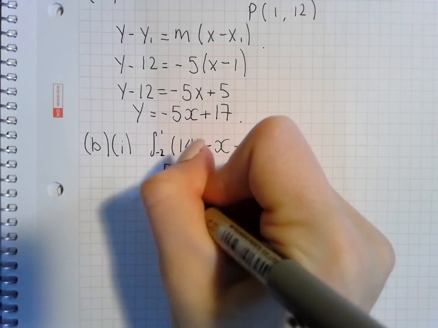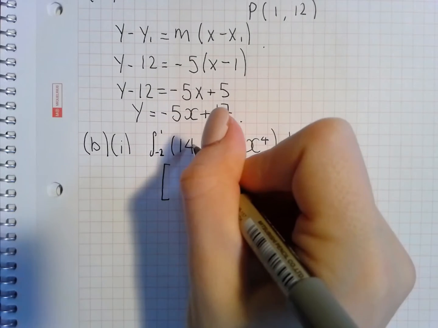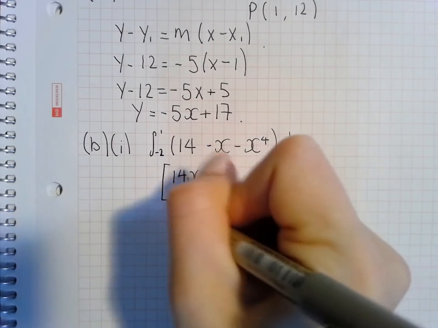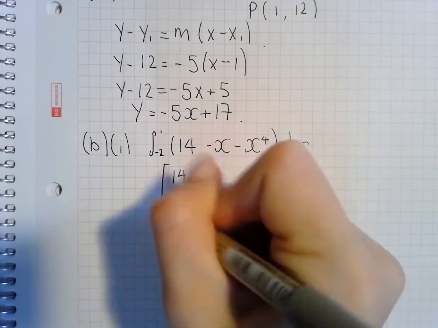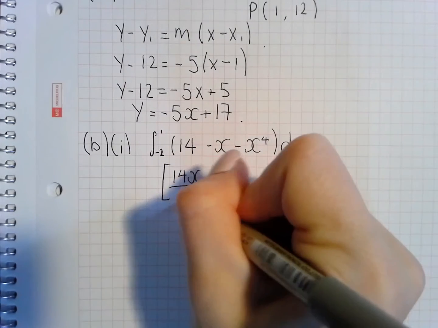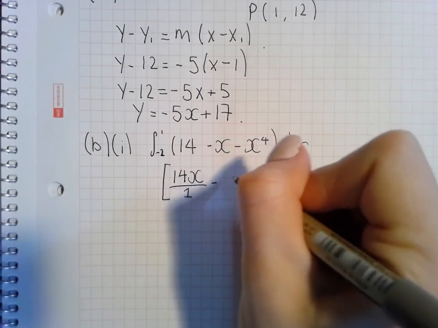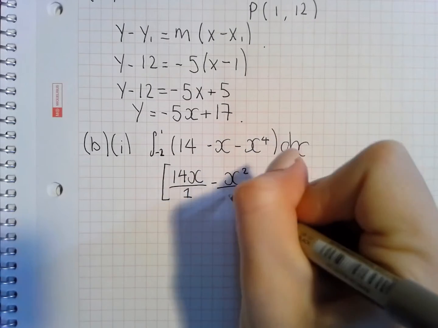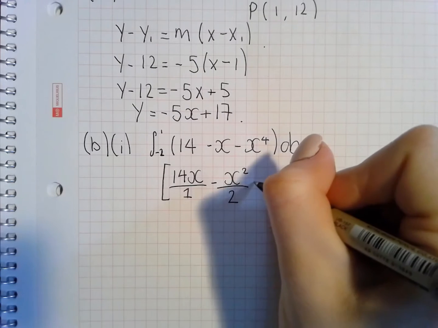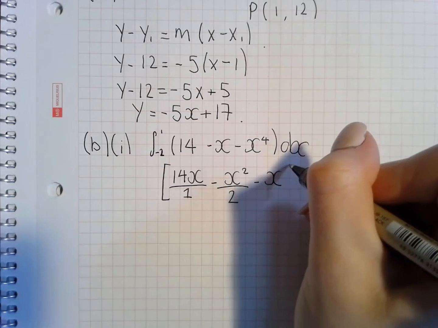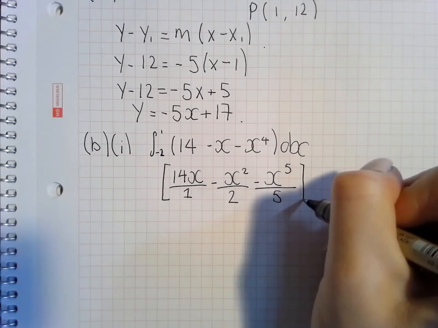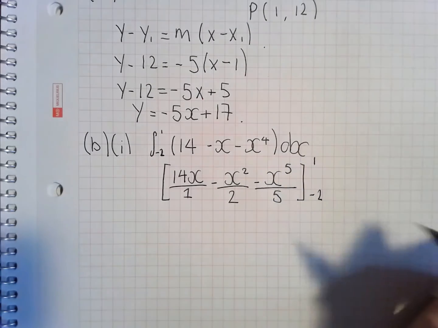So let's integrate this. 14 integrated: you add 1 to the power, giving 14x, and divide by the new power, which is just 1, it's worth writing that. Minus x squared, because you're adding 1 to the power, divided by the new power, which is 2. Minus x to the 5, because you're adding 1 to the power, dividing by the new power, which is 5. And we've got our limits 1 and minus 2.